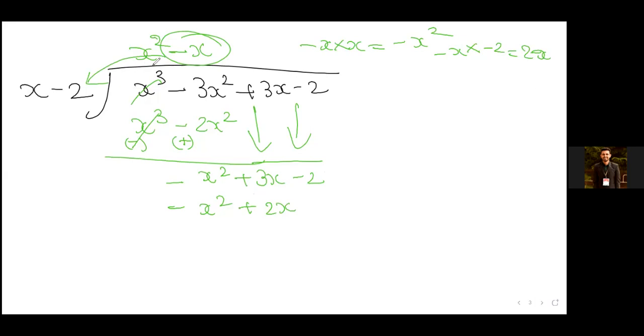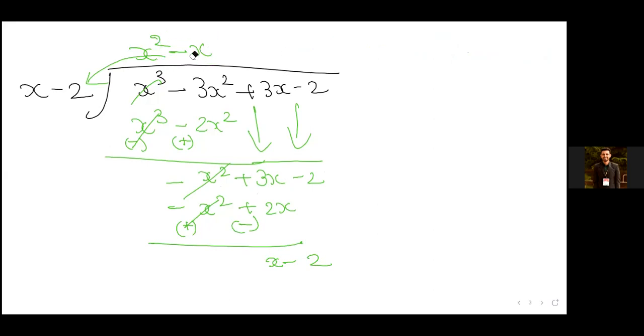Since there are no further terms, you just stop here and revise the sign. How much? 3x minus 2x is x, plus x minus 2. You can see now, x minus 2 here as well as x minus 2.